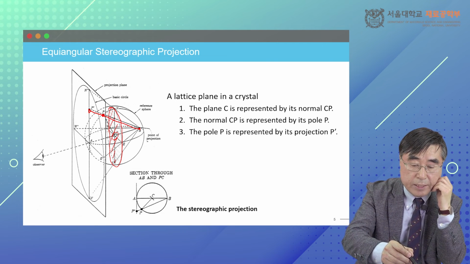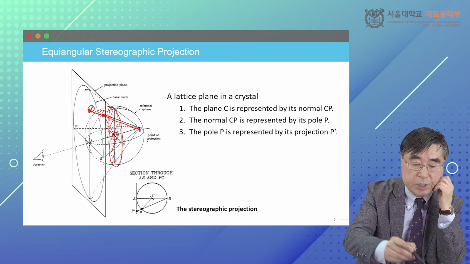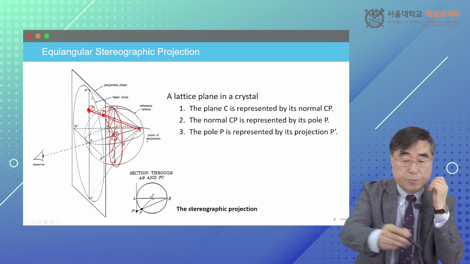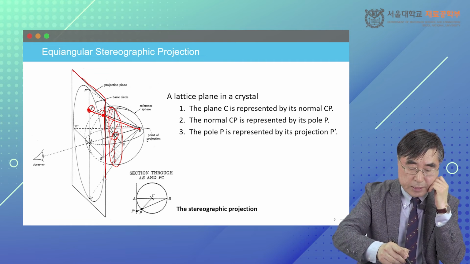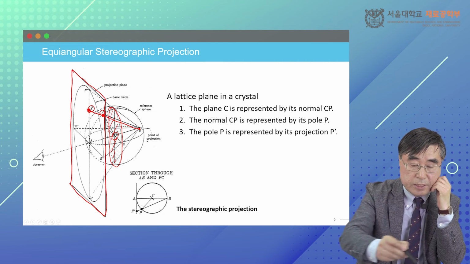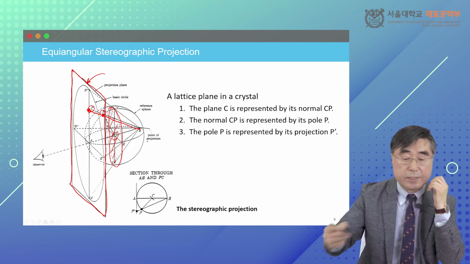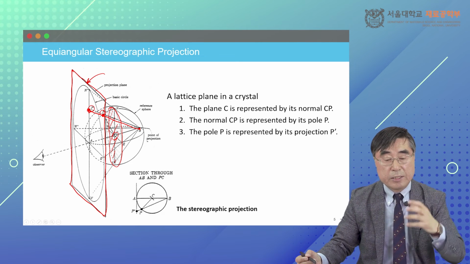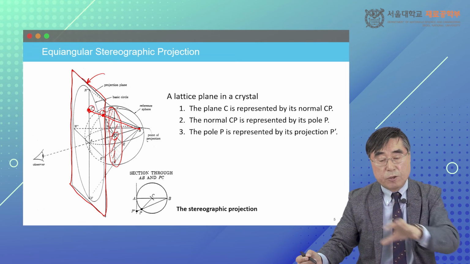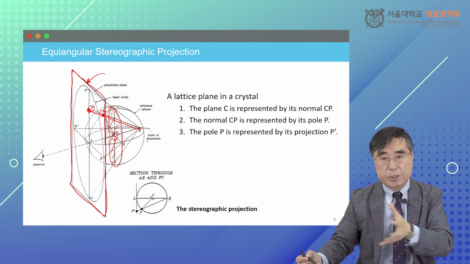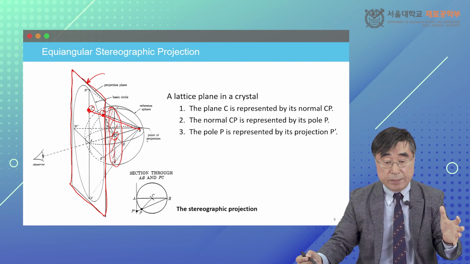Then this pole P is now represented as P prime. So this plane is now the stereographic projection plane. Okay? In this way, you can designate all the information on the surface of the sphere in two-dimensional space.